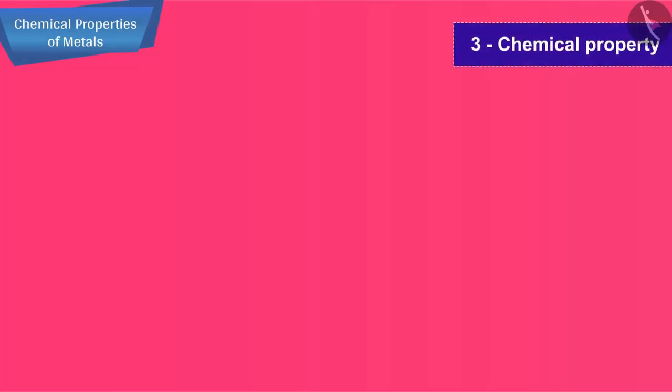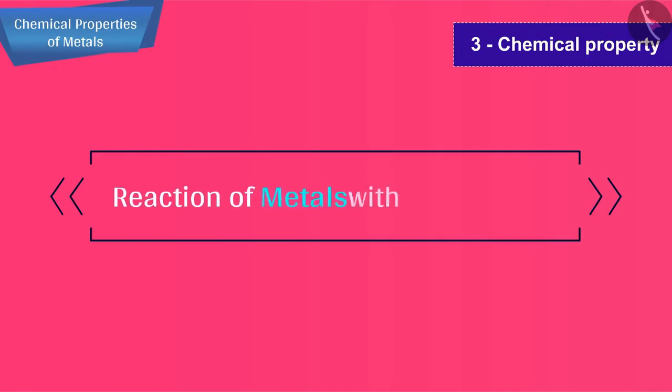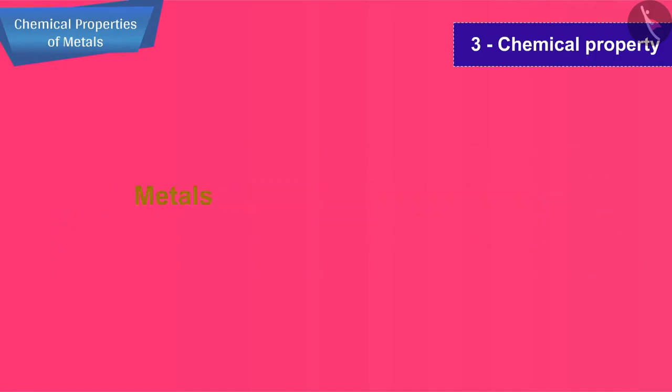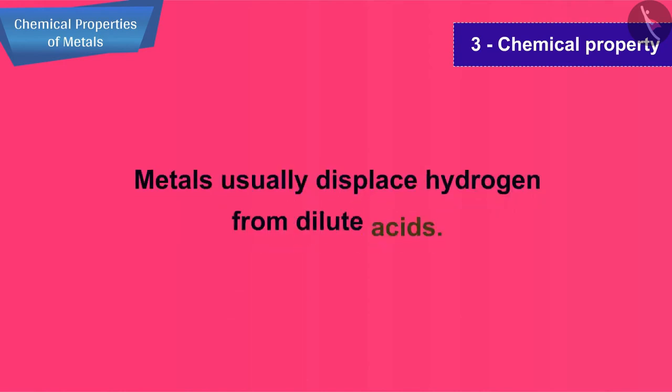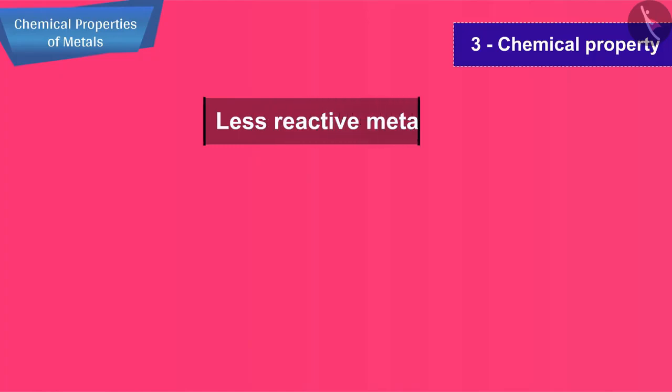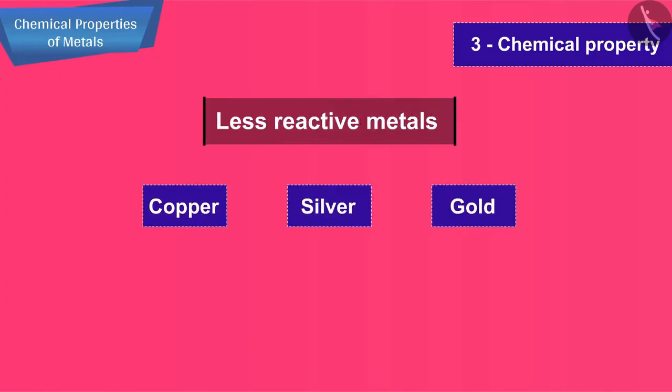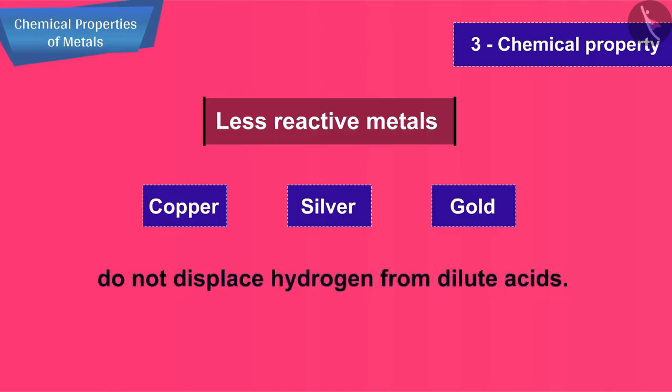The next property that we are about to study is reaction of metals with dilute acids. Metals usually displace hydrogen from dilute acids. Only less reactive metals like copper, silver, gold do not displace hydrogen from dilute acids.